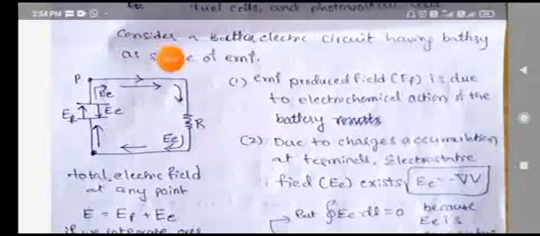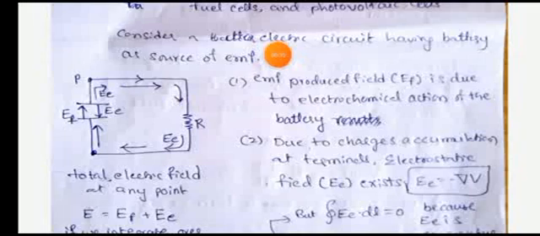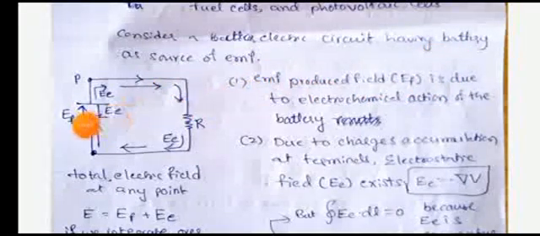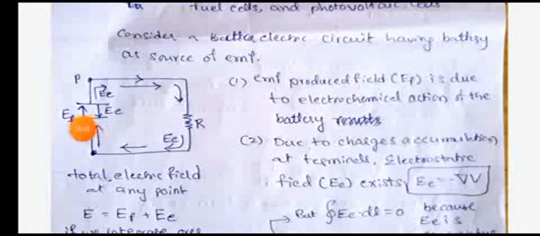Now consider an electric circuit having a battery as the source of EMF. In the battery there are two electric fields, EF and EE.